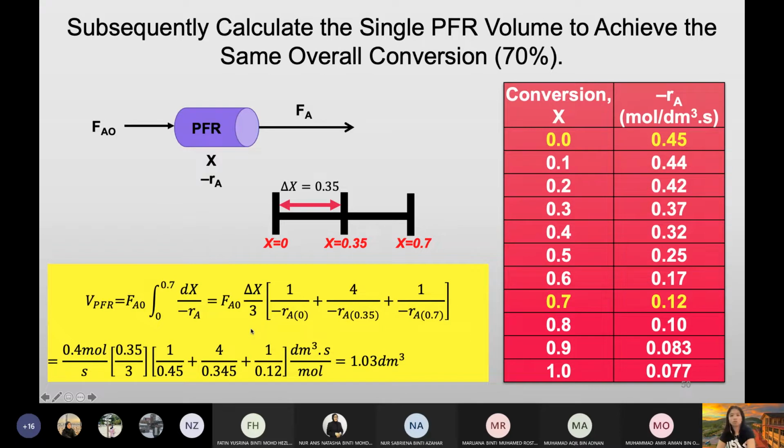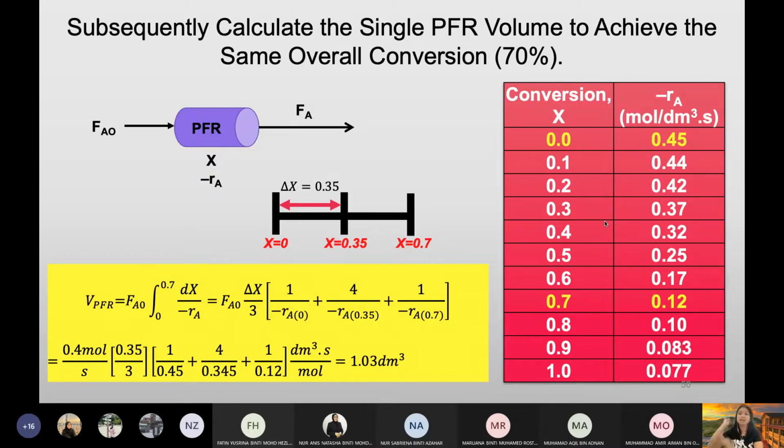In brackets, 3 points. The first point is 1 per minus RA when my X is 0, plus 4 per minus RA at my middle X, which is 0.35. It's the same in this case. By right, you have to interpolate. But as I told you, even in the test or exam, I will make sure you don't need to interpolate, because it's not so accurate as this is not a straight line.